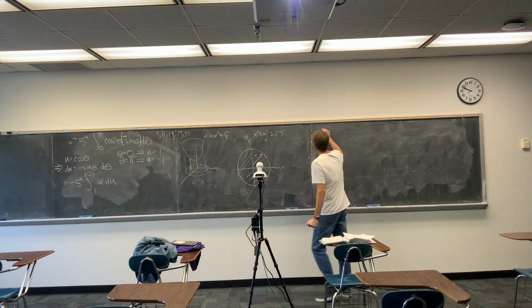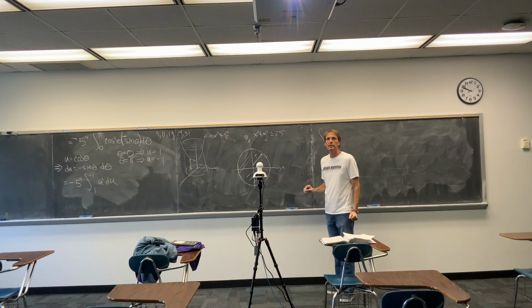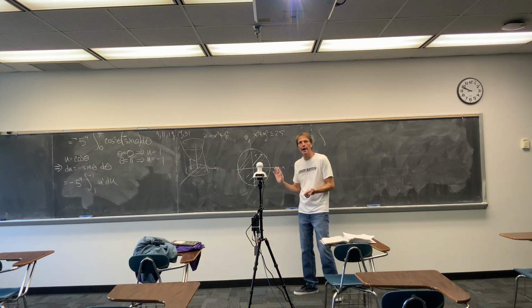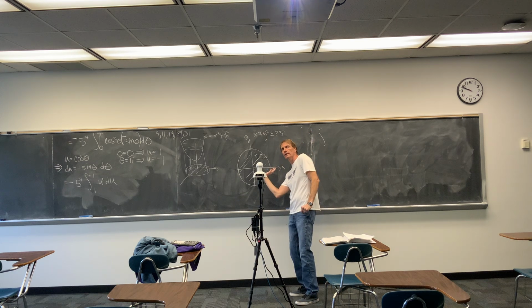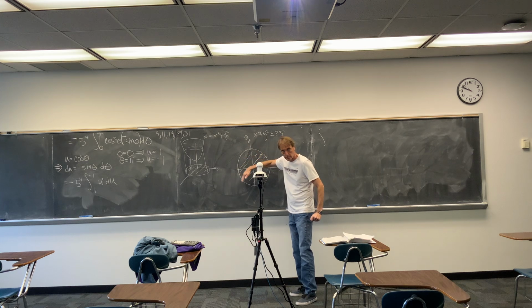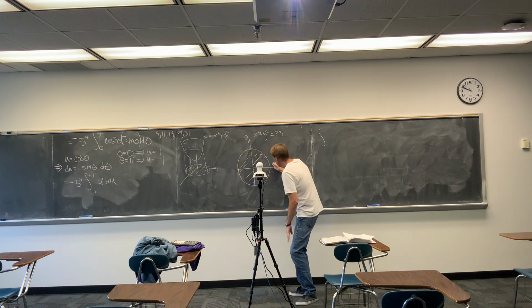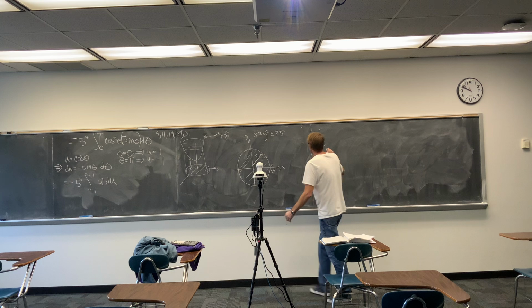If I'm thinking about a double integral, theta would be running between where and where? If we're thinking about all the points r theta, we want all the points where theta is running between 0 and 2 pi. Perfect.